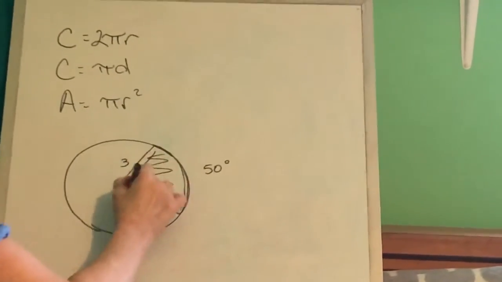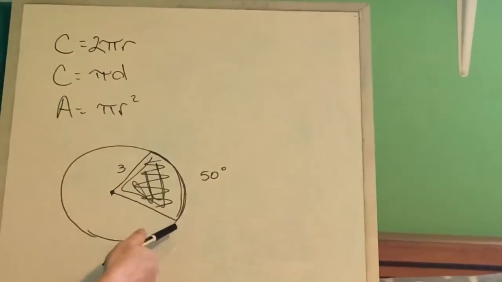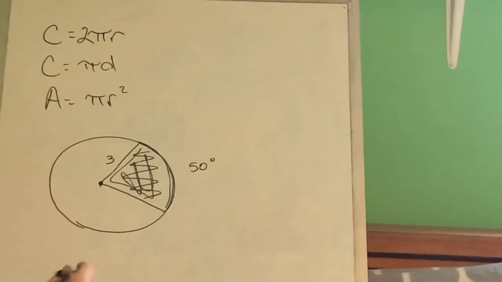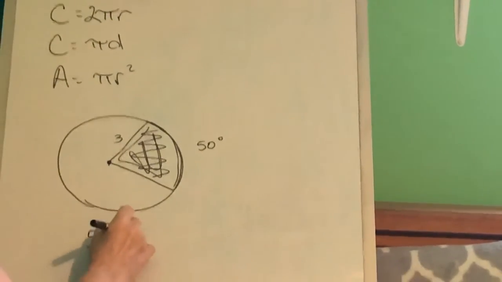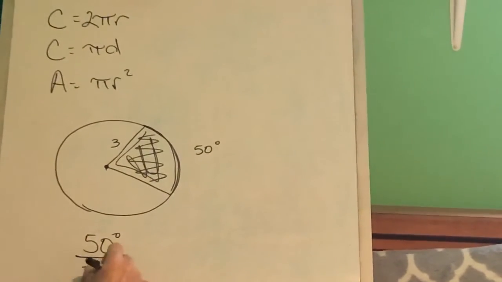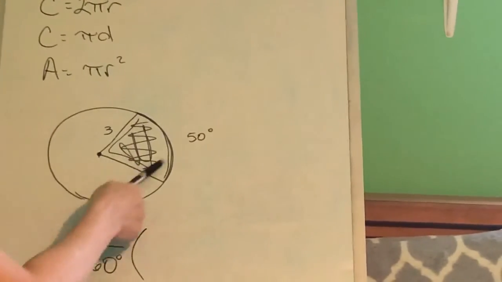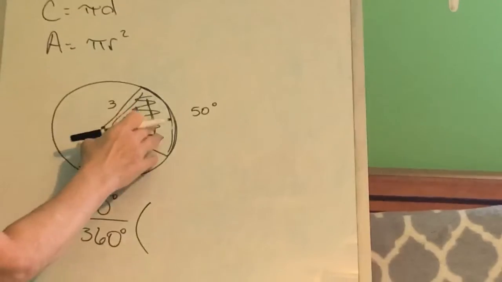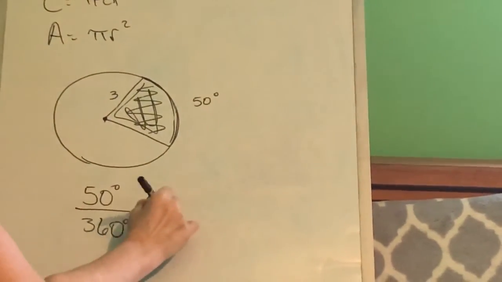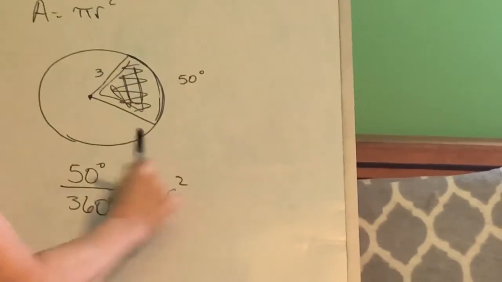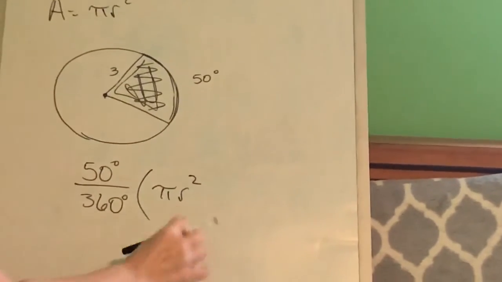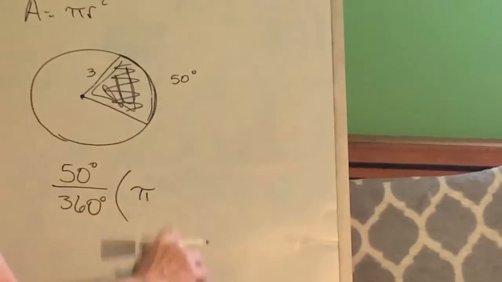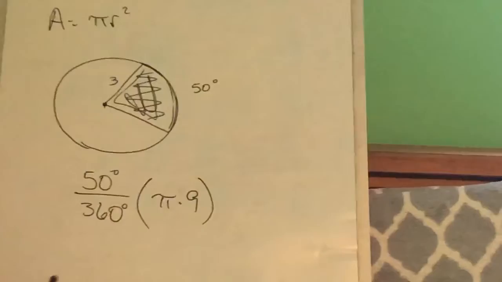I'm still looking at a sector that is a portion of my whole circle. So I have 50 degrees out of 360 degrees, but since I'm looking at the sector, I'm using the area formula because sector is a part of the area. So we're using pi r squared, and since r is 3, we want to put 9 in there.